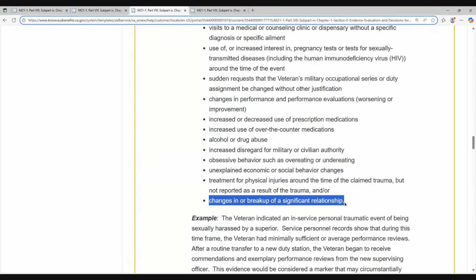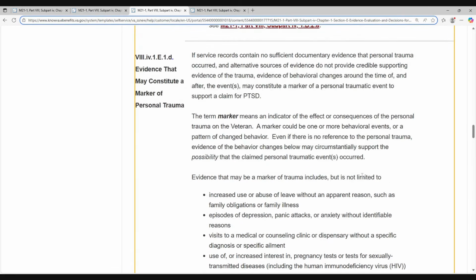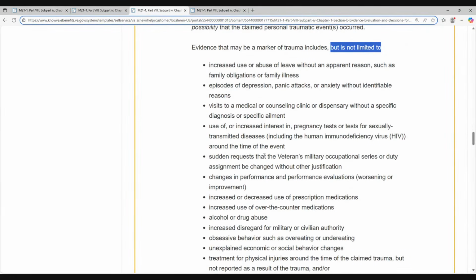So there's quite a few of these. It says "but not limited to," so these are just examples for the VSR and the rater to have, so they can wrap their head around what range of topics they can pull from, and not that these are exclusively everything.